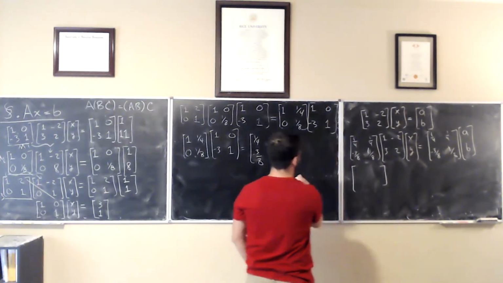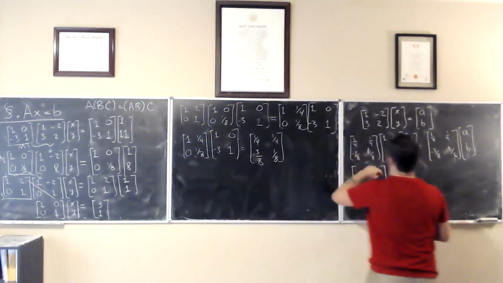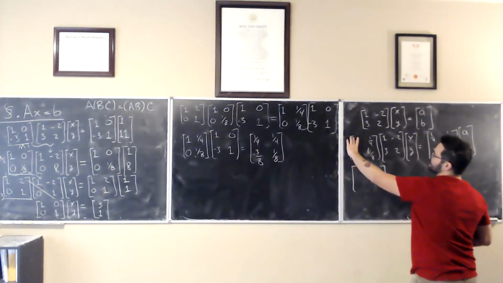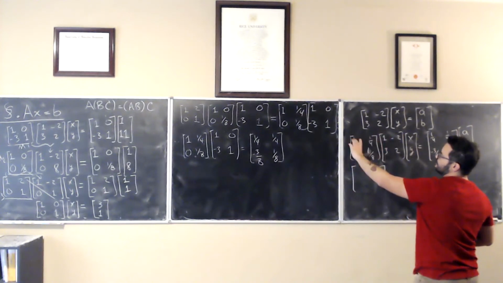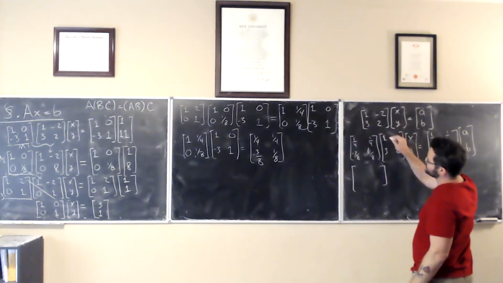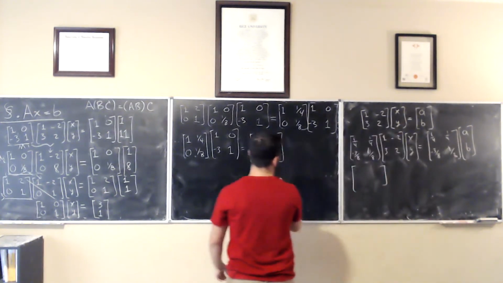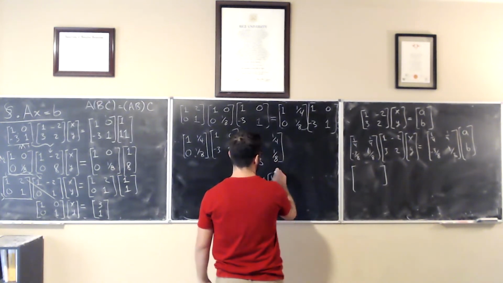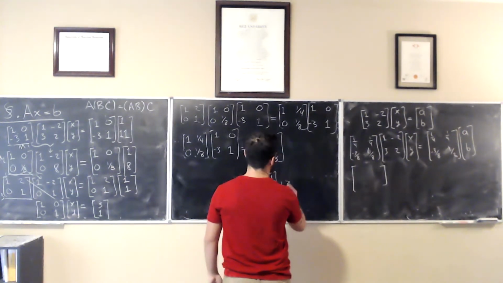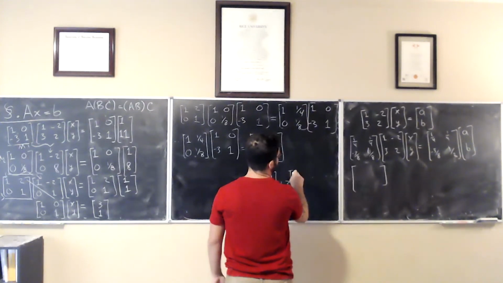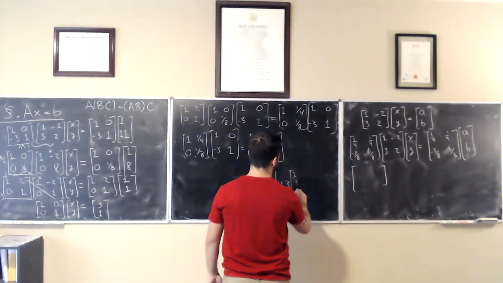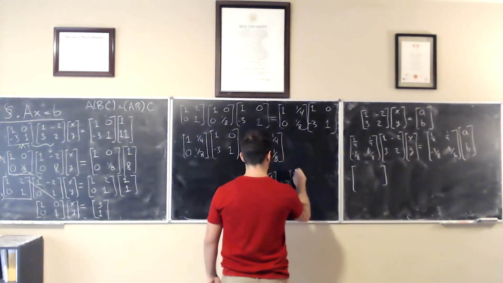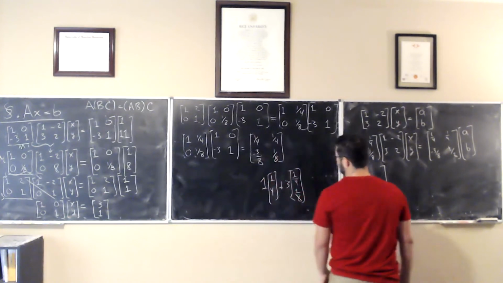No, sorry. 1 of this row plus that. 1 of this column right here. Whenever it gets like that, I'm standing on the wrong side, I'll just write it out. 1 times 1/4 plus 3 times 1/4, 1/8. That's gonna be the first column.